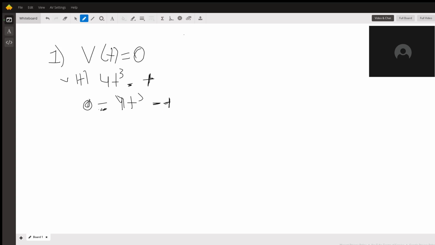If we do that, we can make it t equal to 4t to the third, bringing the t to that side.